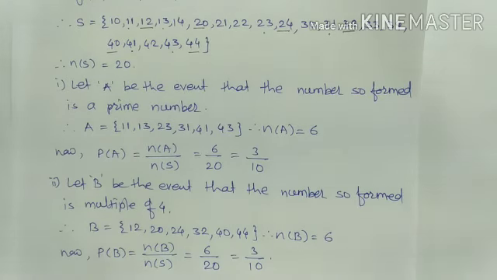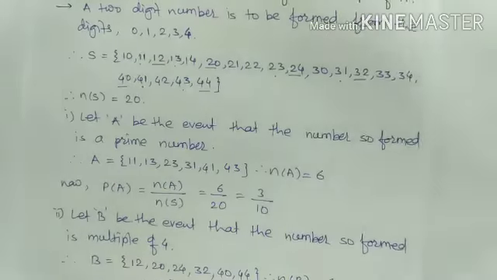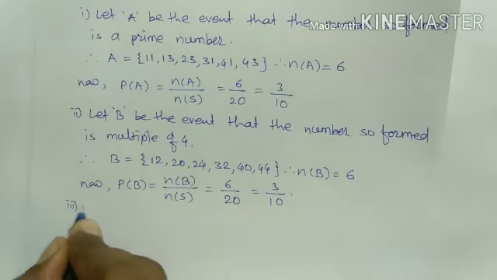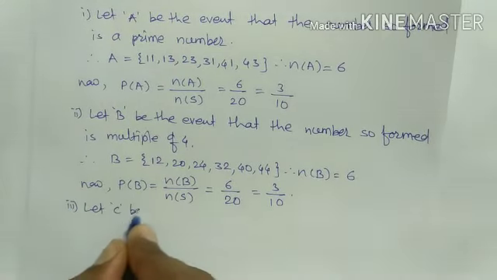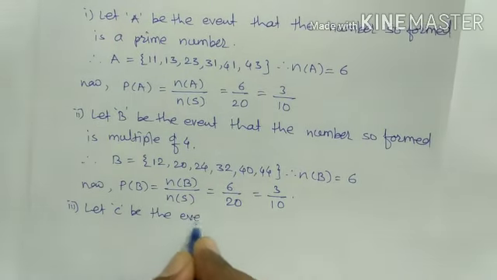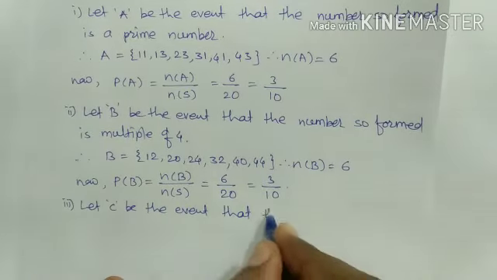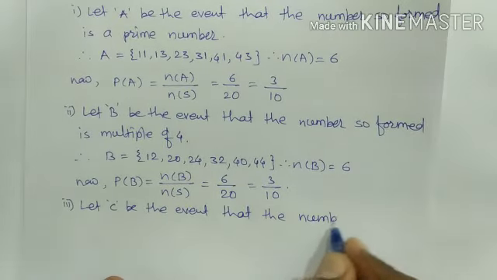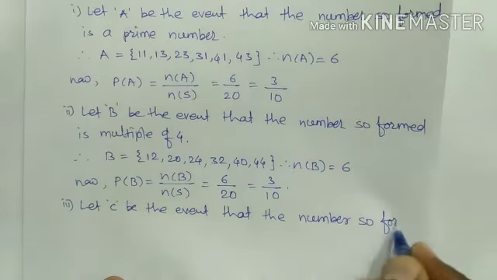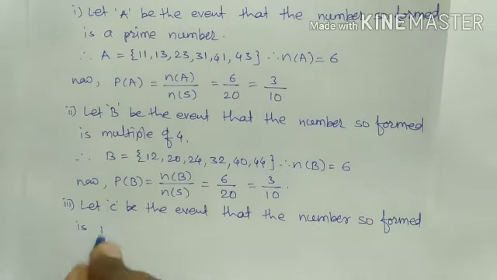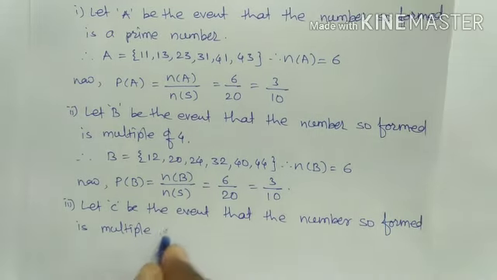Then the third event is that the number so formed is a multiple of 11. So here we write, let C be the event that the number so formed is a multiple of 11.